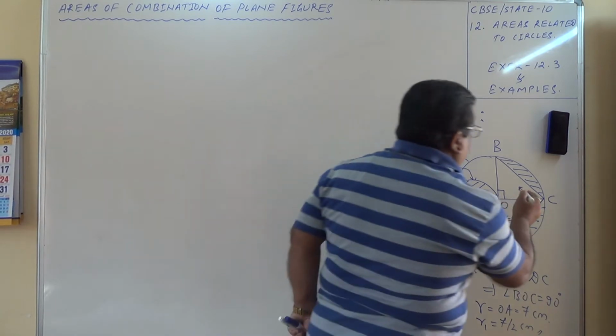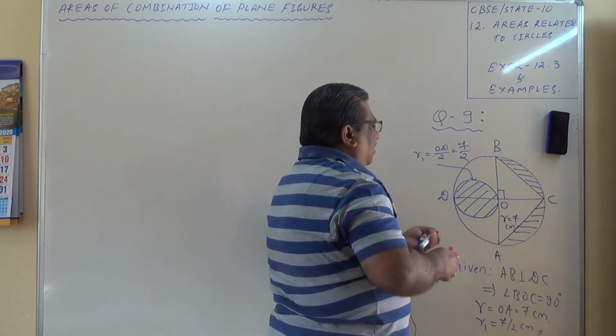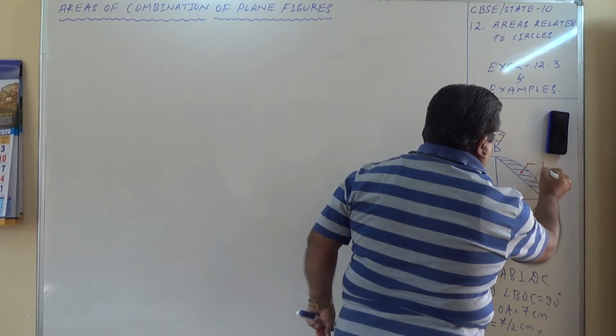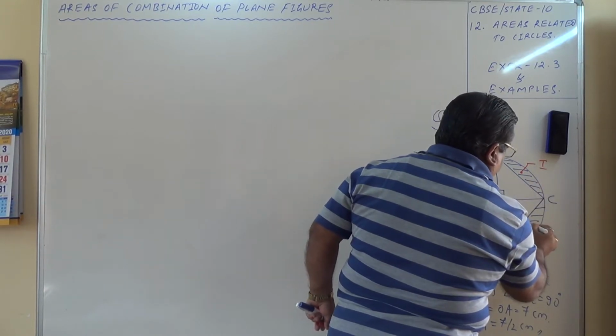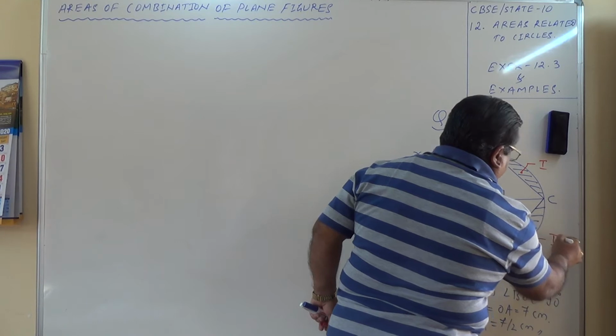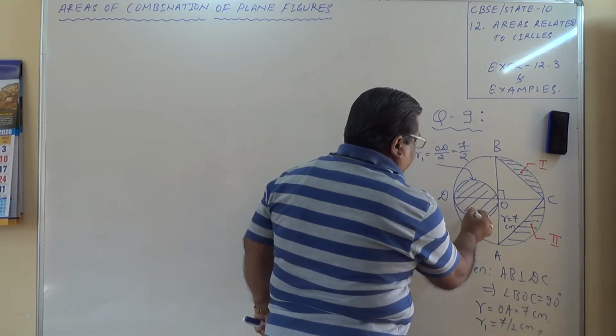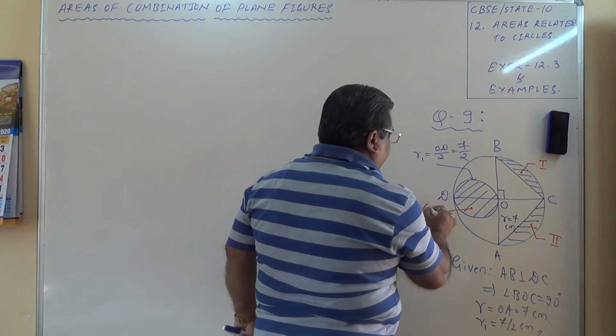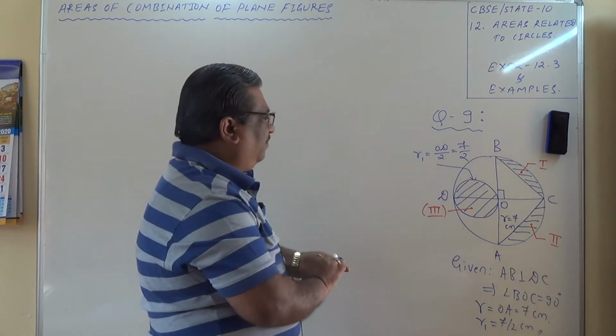Also let me mark the shaded regions as, this is 1, this is 2, and this is 3. These are the shaded regions, you can mark it.